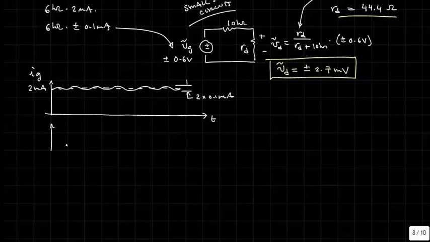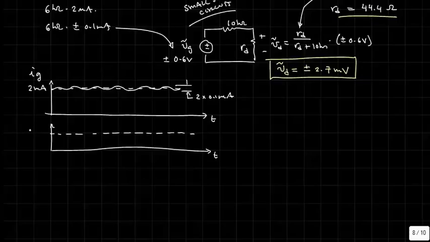Then what we see across the diode voltage is 700 millivolts plus or minus, and this is not to scale, well, the amplitude will be roughly 2.7 millivolts.